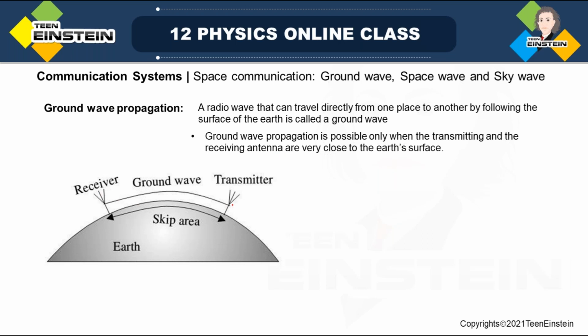Suppose I have two antennas here. This is the transmitting antenna, this is the receiving antenna. So this is the transmitter, this is the receiver. This is the earth surface, as you see. When the transmitting antenna emits the wave, obviously you have to understand that the transmitting antenna and receiving antenna are very close to the earth surface.